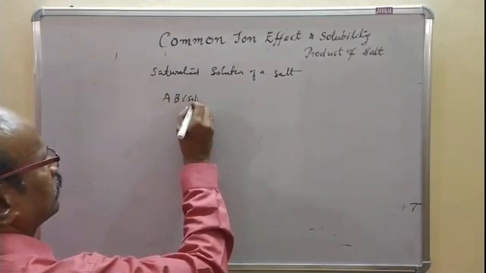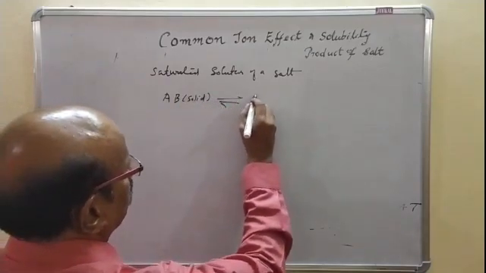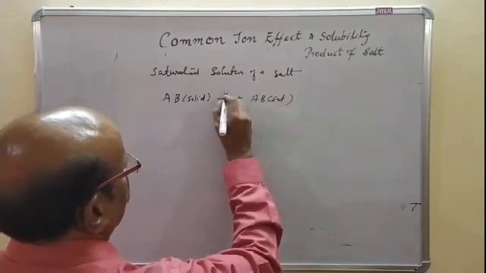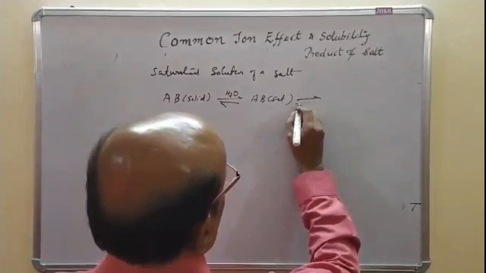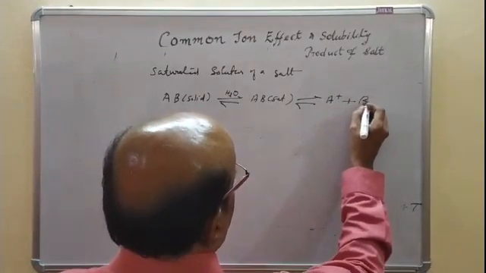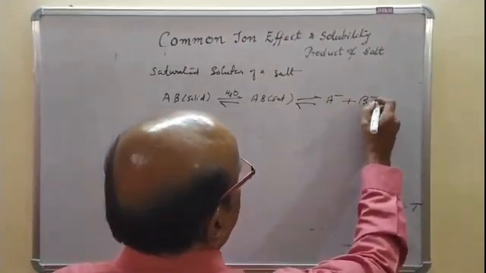Solid AB in the saturated solution will dissociate to A plus and B minus, or A minus and B plus, like this.